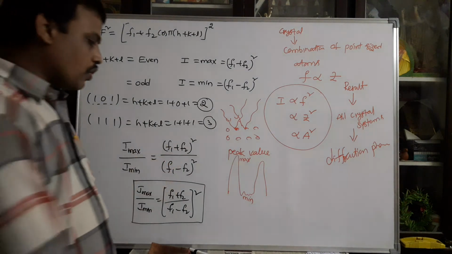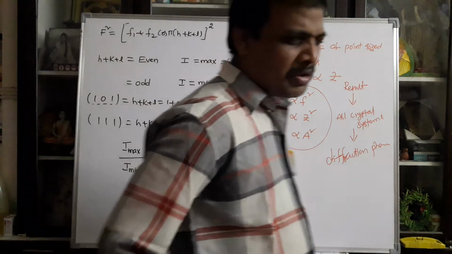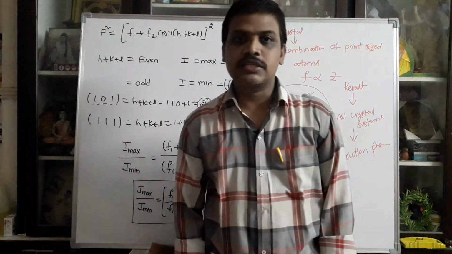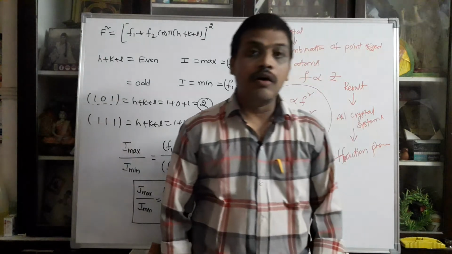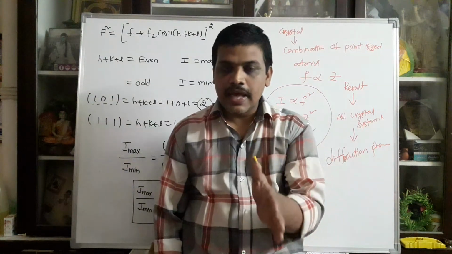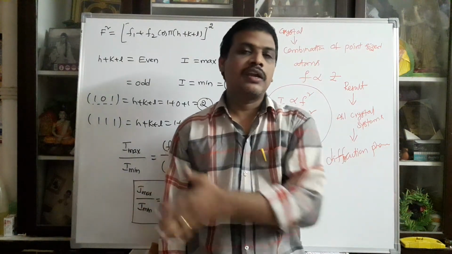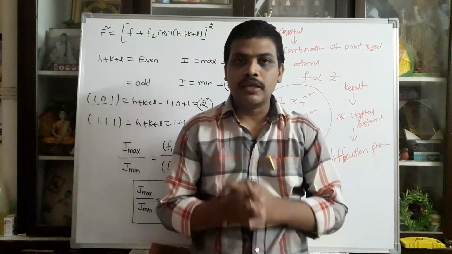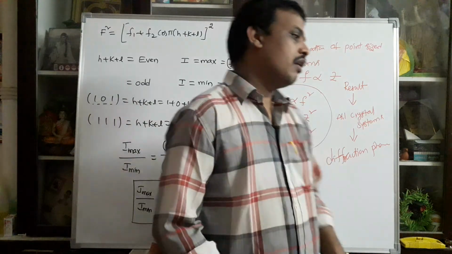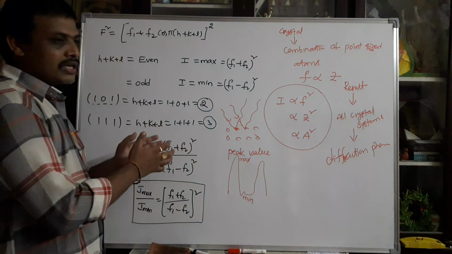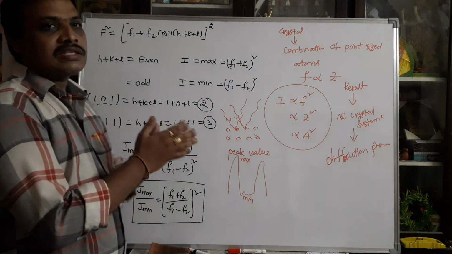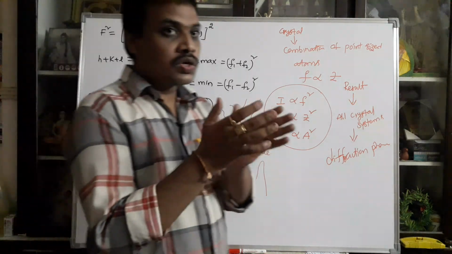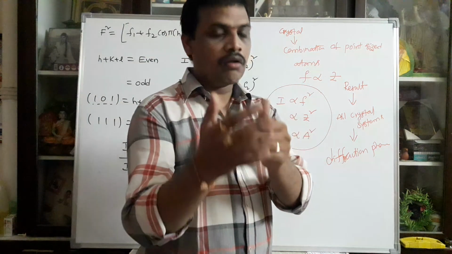So once you know the scattering factor value, immediately you can calculate the intensity value of the X-rays diffracted by the crystal. In this way, you can easily determine the structure of the crystal and easily know, when X-rays are incident on the crystal, whether those X-rays are diffracted or not.